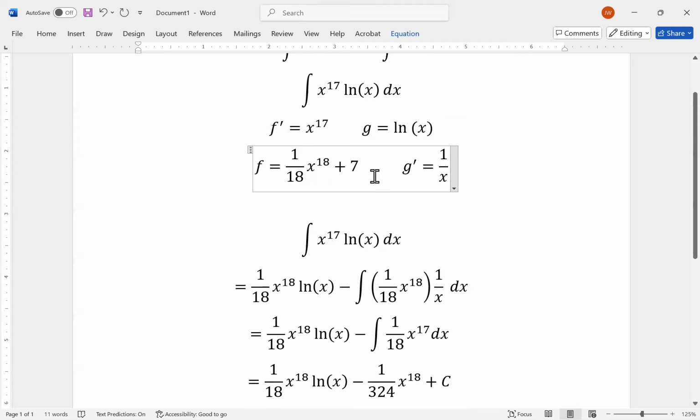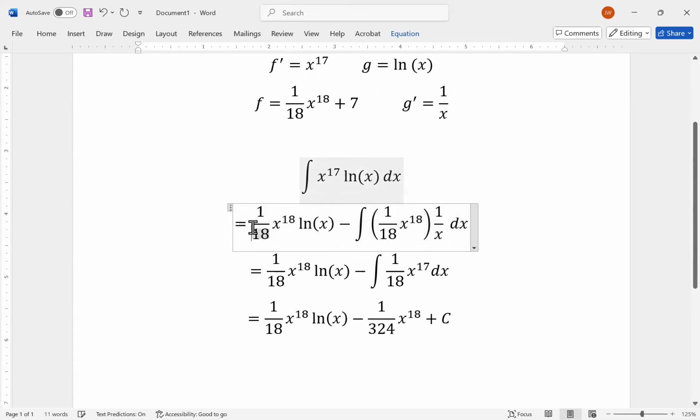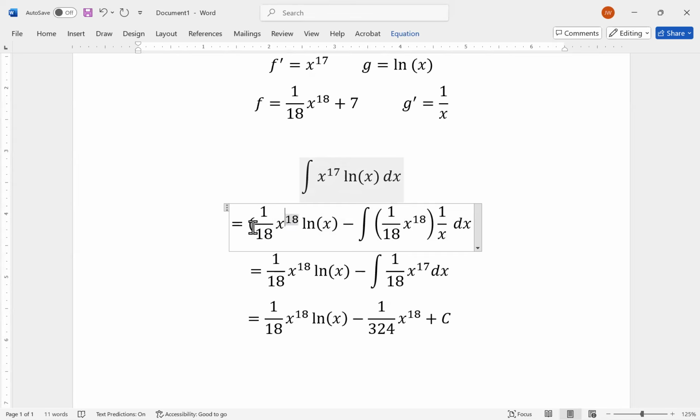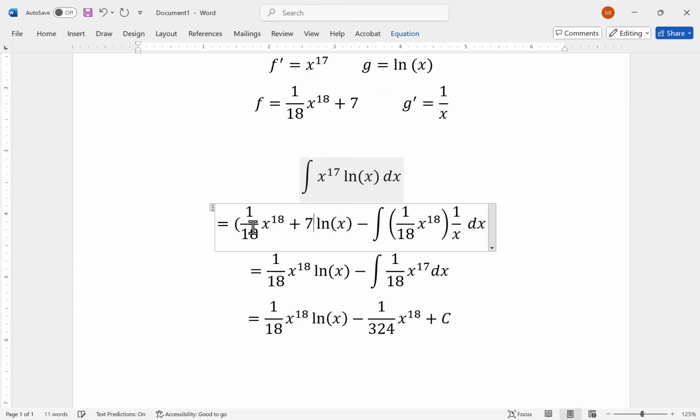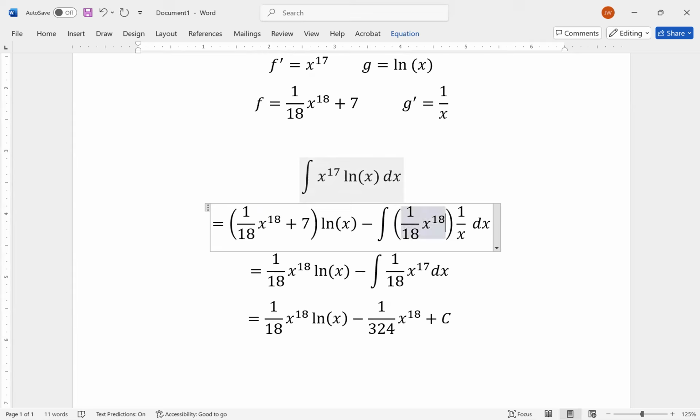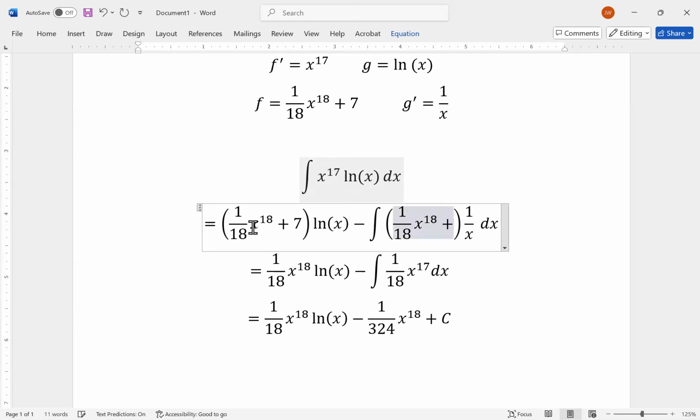I tack on a plus 7 at the end. Then what would happen is this would change into 1 over 18 x to the 18th plus 7. There'd be a plus 7 in here.